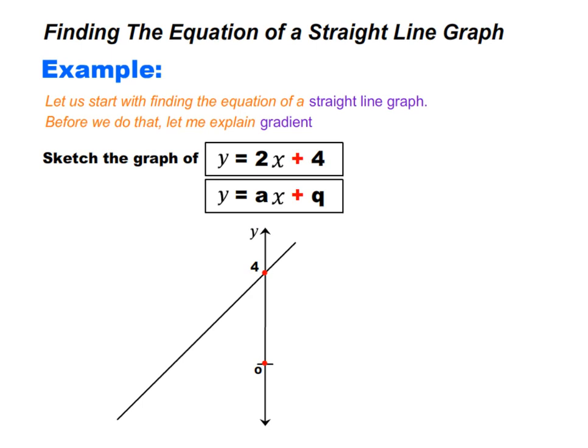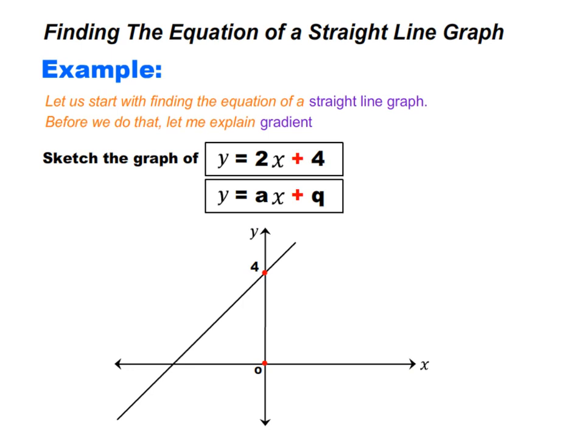Let us now draw a horizontal line that passes through the origin. Look at the sketch. Look at the graph. Origin is here. This horizontal line that we just drew is called the x-axis. Look at the graph again.